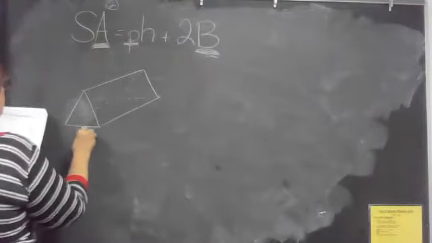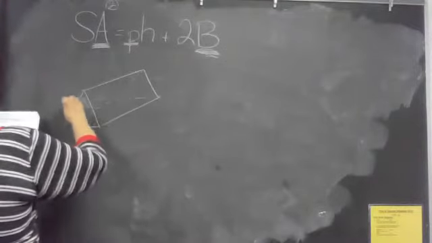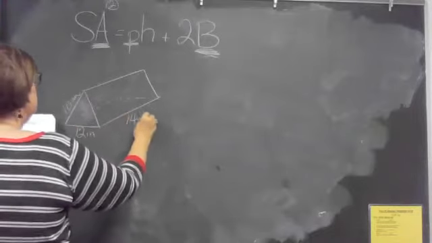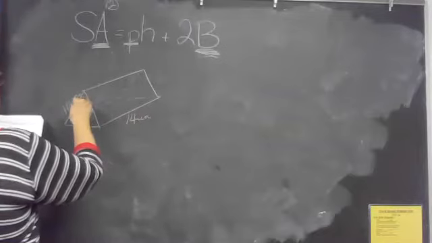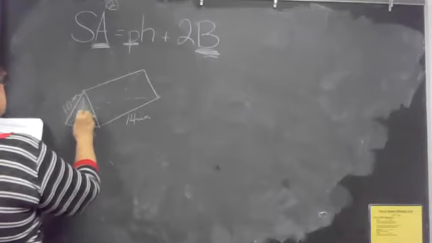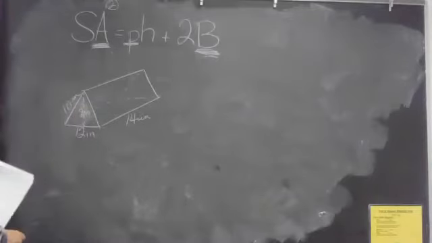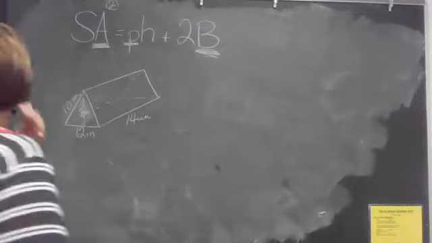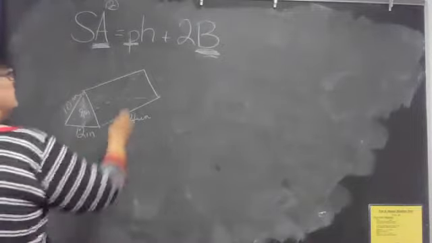This is 12 inches, 10 inches, 18 inches, and the height of this triangle itself is 8 inches, okay? We're going to use exactly the same formula because it says not only is it a rectangular prism, but it is also for a right prism. A right prism is all what you're going to be dealing with.